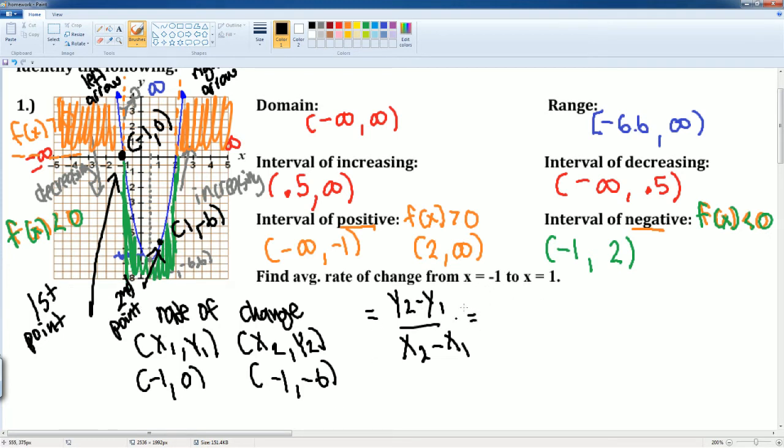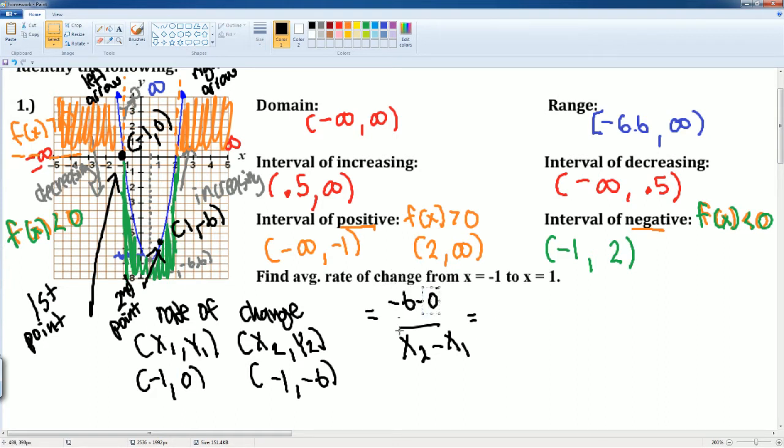y2 would be -6 minus y1. Oh, actually, let's just make this easier. I'm just going to show it visually. So look, y2 is replaced by -6. Then we have y1 gets replaced by 0.